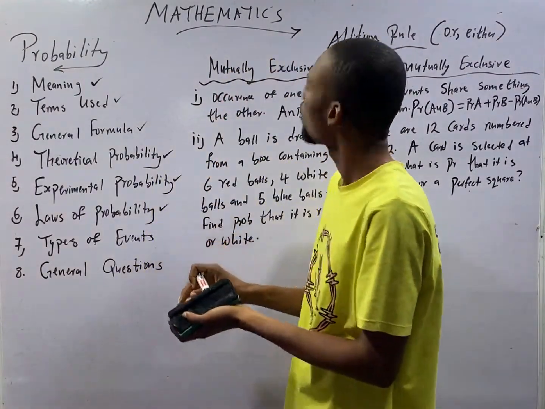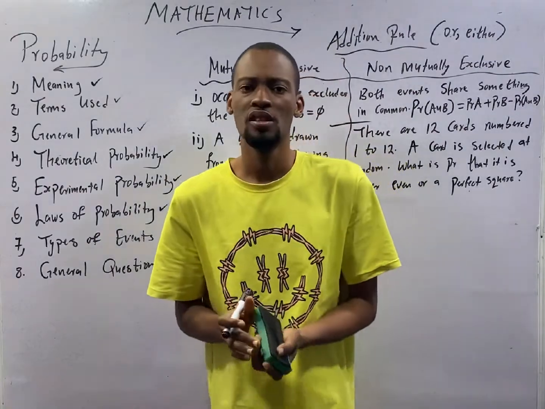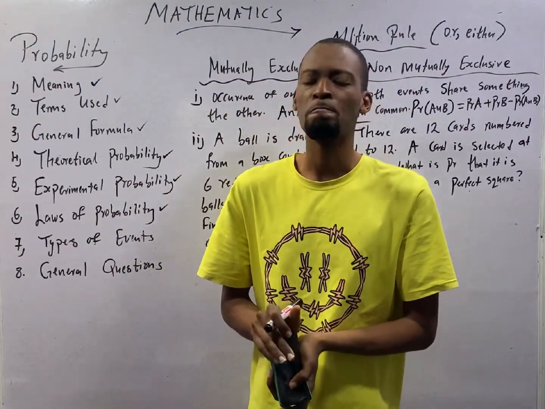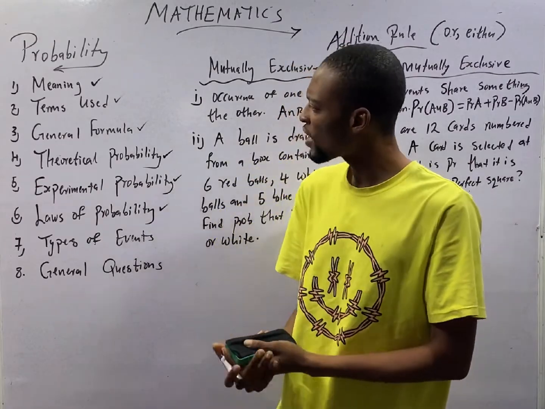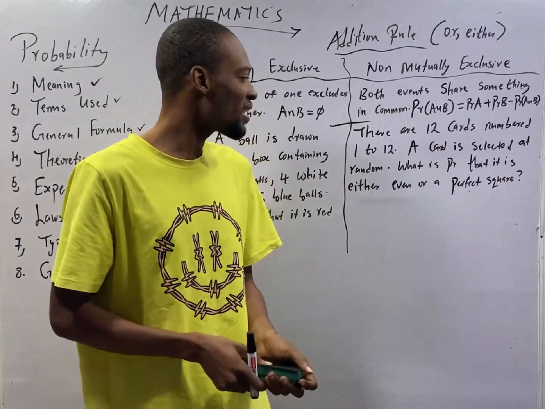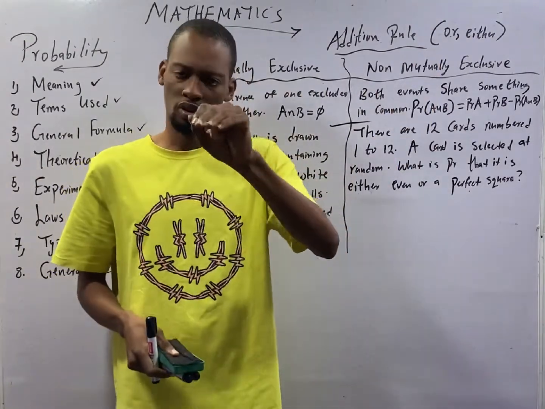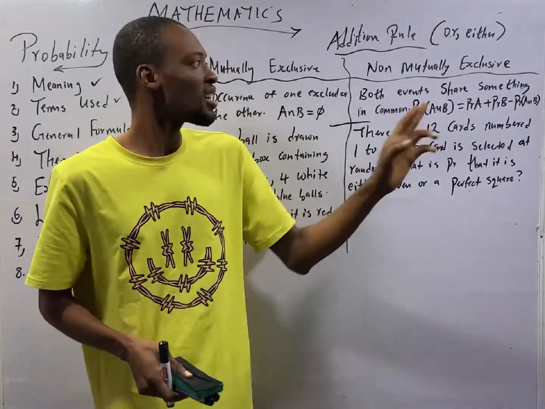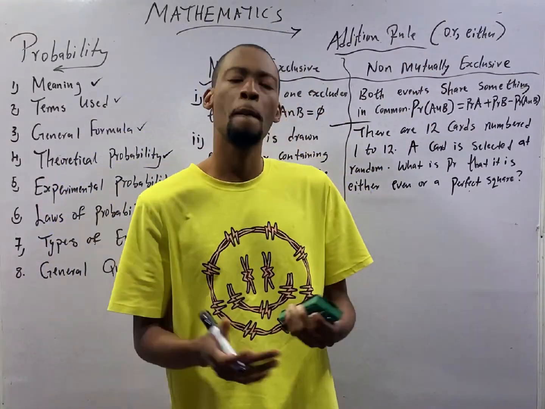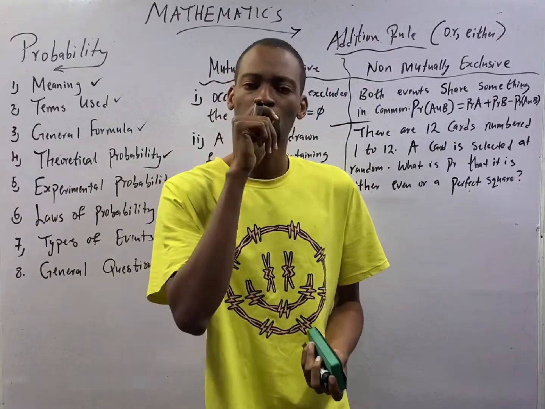Or, either, shows addition in probability. But a question comes to mind. If I see a question where there is or, where there is either, should I just go ahead and add? No.